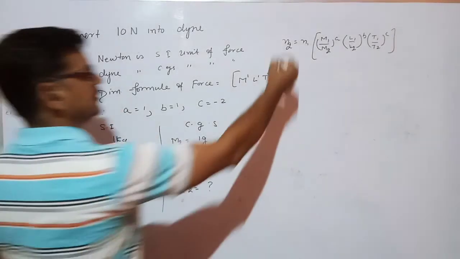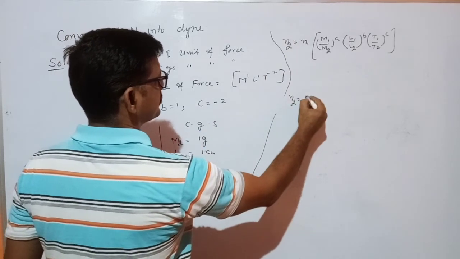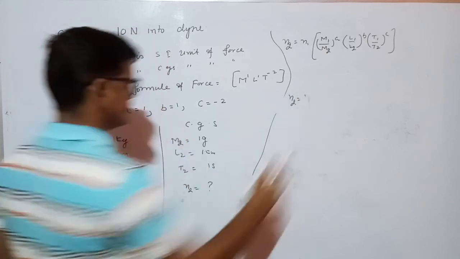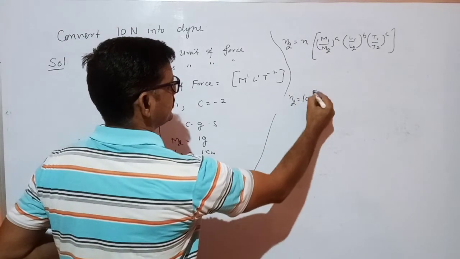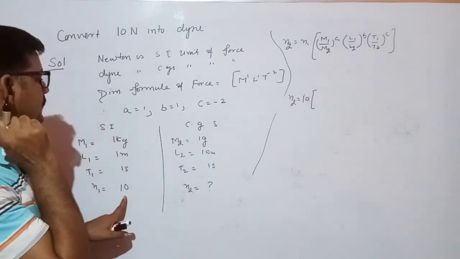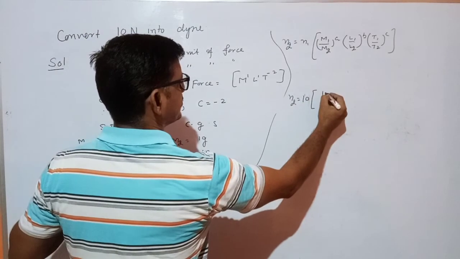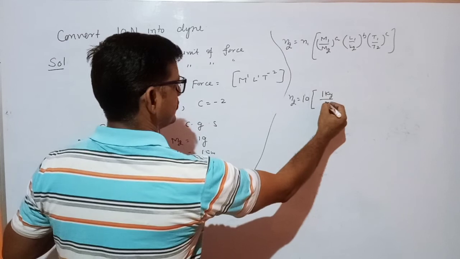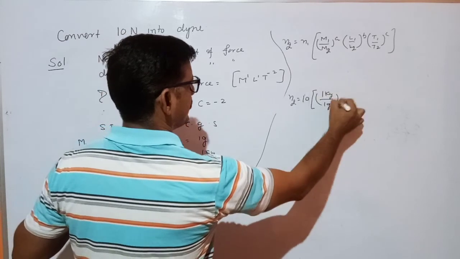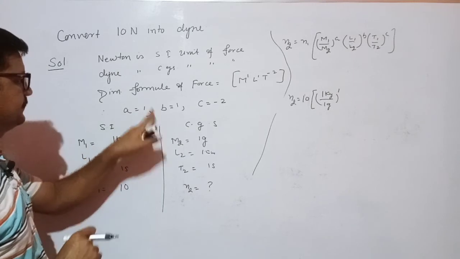So now use this formula. N2 is equal to N1. What is N1? N1 is given as 10. So put here 10 into M1 upon M2. M1, that is kg, upon gram, power 1, as A is equal to 1.